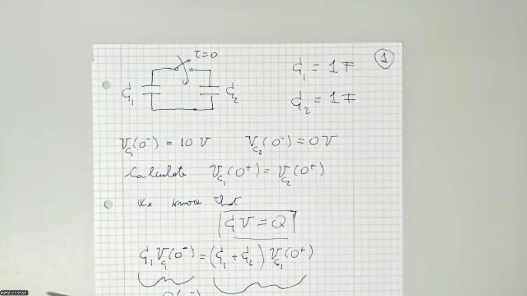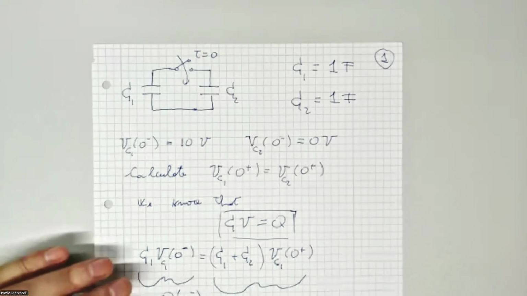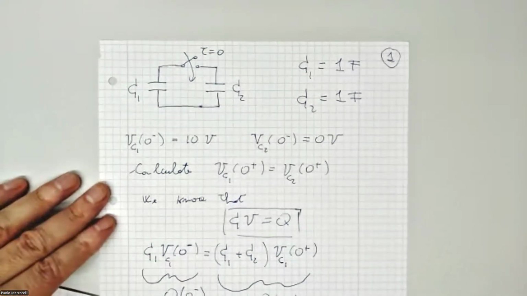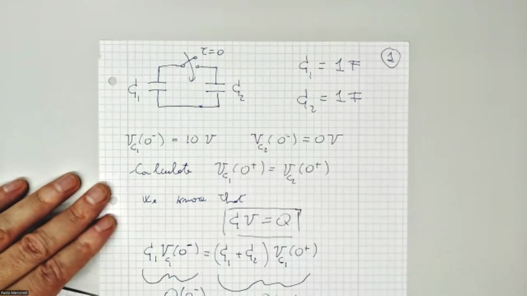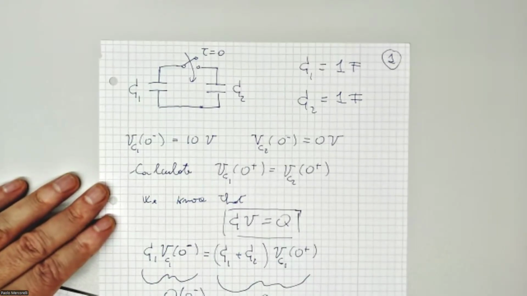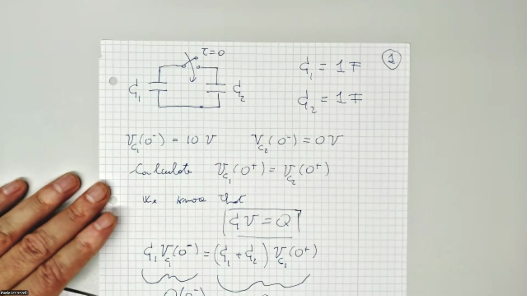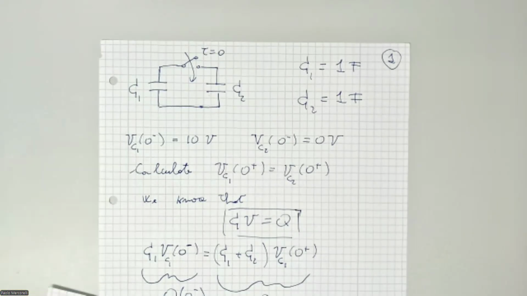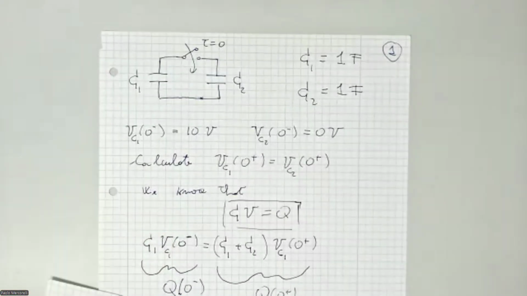Let me say the system characterized by C1, C2 is a closed system somehow. This means Q at 0 minus equals Q at 0 plus, which can be assumed valid in accordance with the conservation of the load for a closed system in the sense which I clarified.